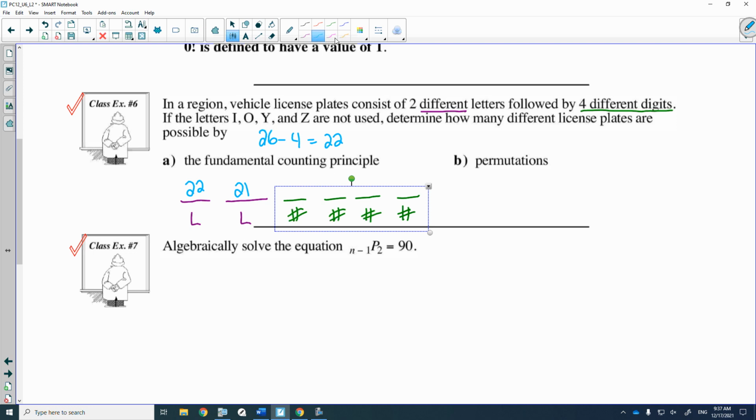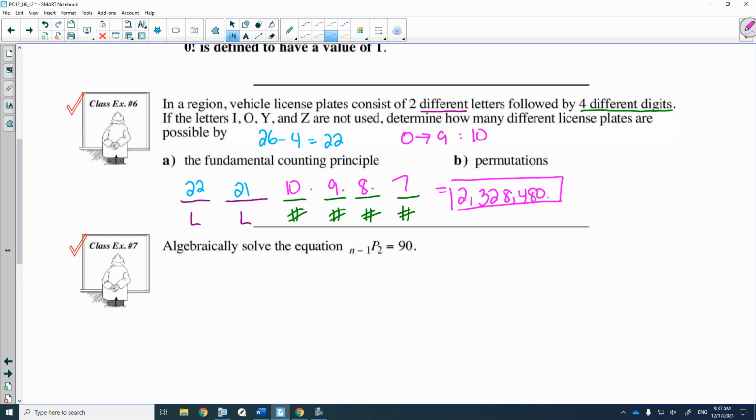So remember that the digits are 0 through 9, so there's 10 different digits. And then once I place a digit, I would have 9, 8, and 7 remaining. If you were to type that into your calculator, the number of different license plates that you would have would be 2,328,480. That's how many different license plates are available with those restrictions.